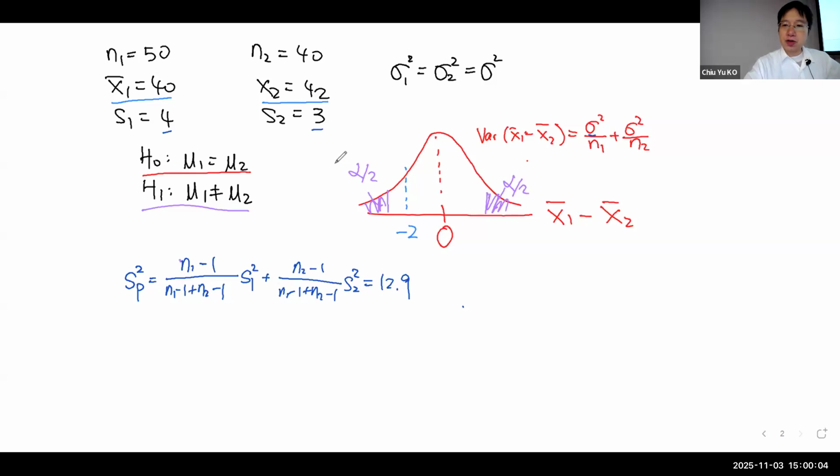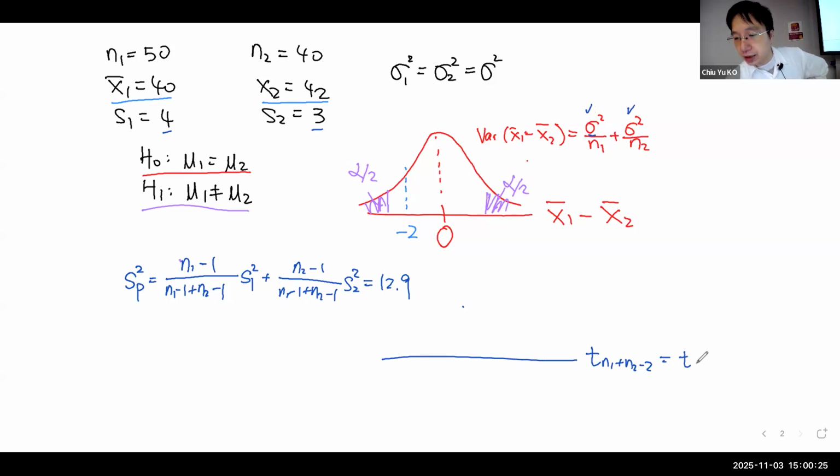So we know this estimator, but we don't know sigma, so we will be using the t. And which t table to check will be N1 plus N2 minus 2, so t with 50 plus 40 minus 2, which is 88 degrees of freedom. And this will be the bell curve, 0 here, and negative 2 here.